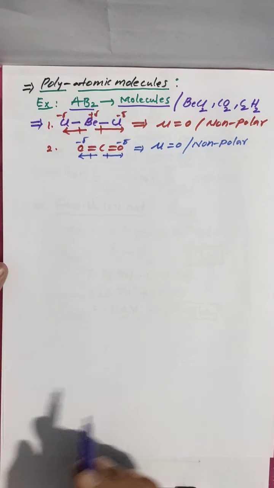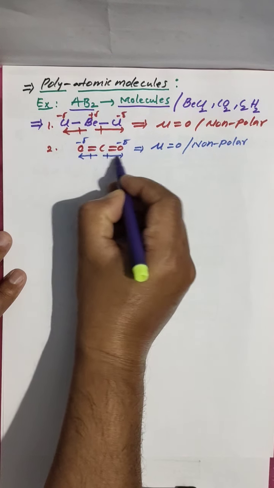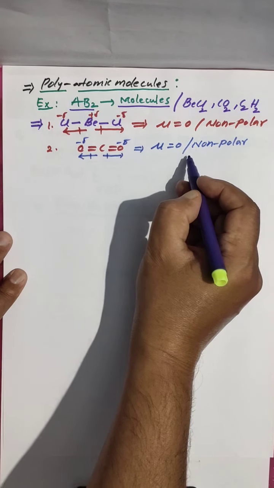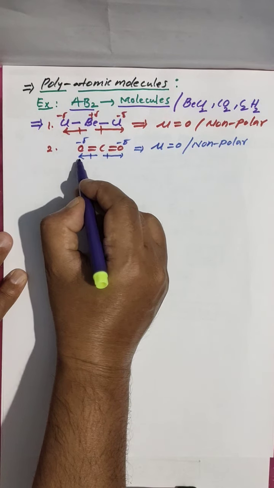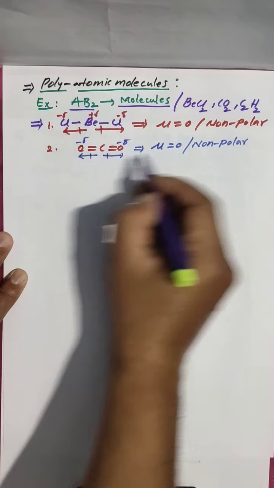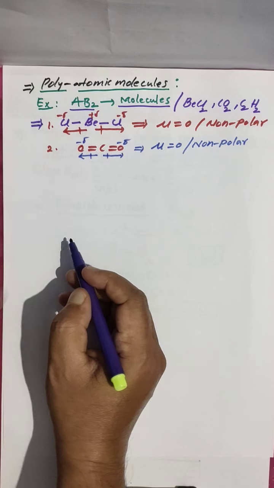See here, one thing you remember. Here bond moment is there, but net dipole moment is not there. Bond moment is towards this side, but net dipole moment is 0, cancelling out this side and this side. That you have to remember.